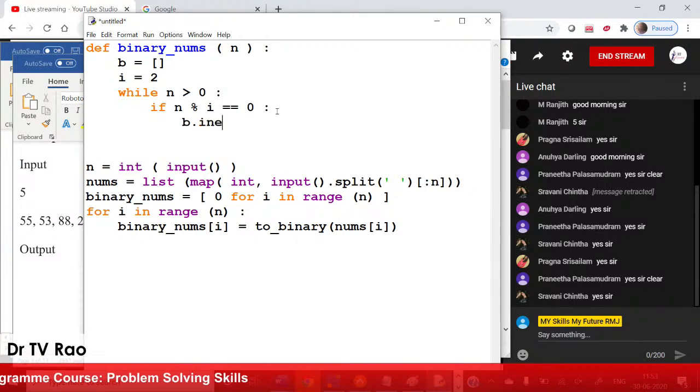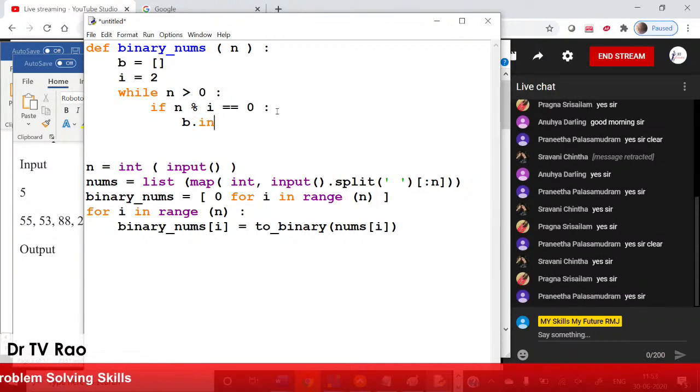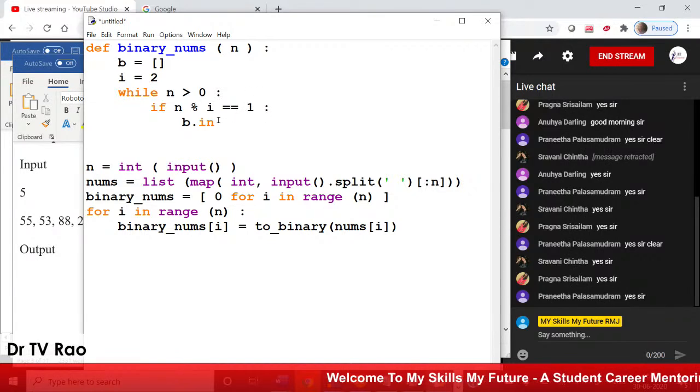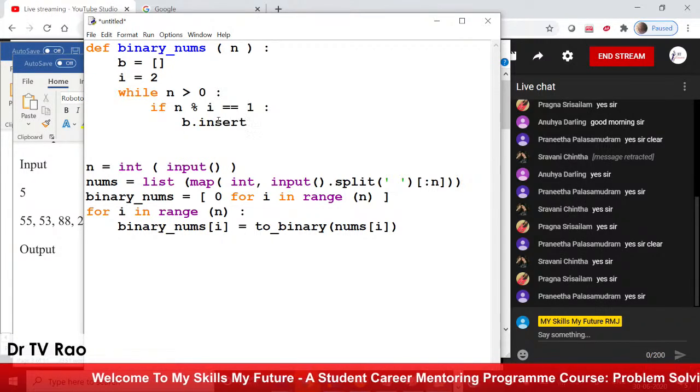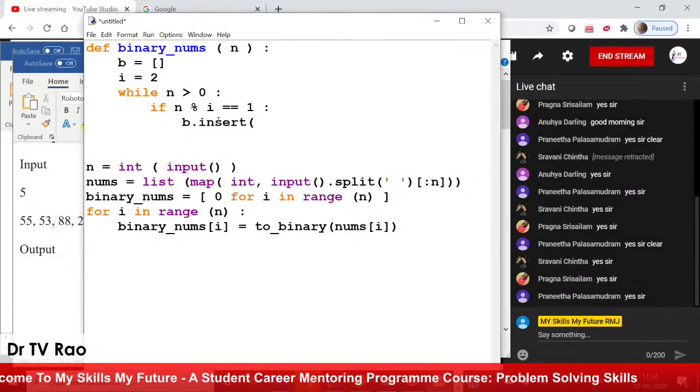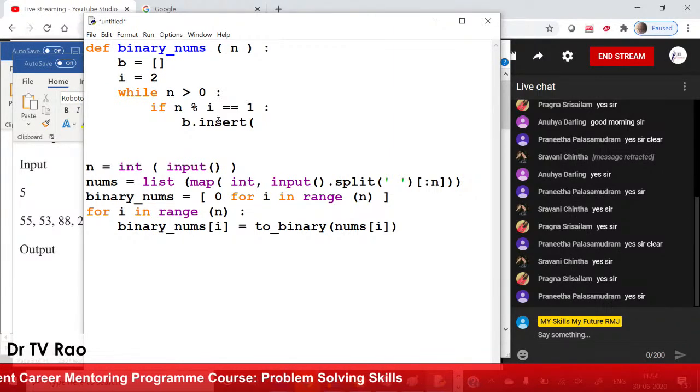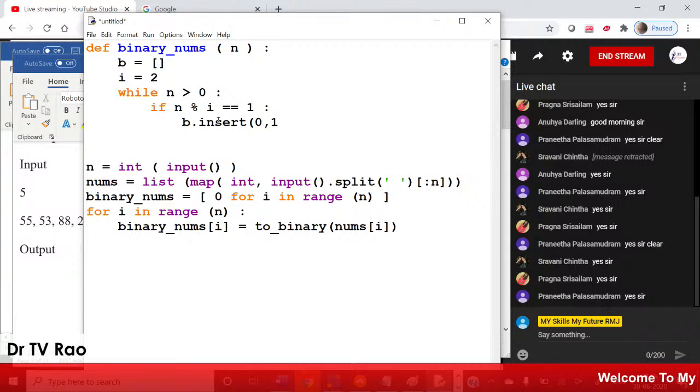If n mod i equal to 1, insert, say 7 mod 2 is 1, insert 1 at 0 position.